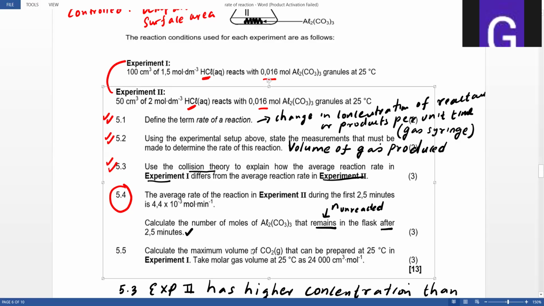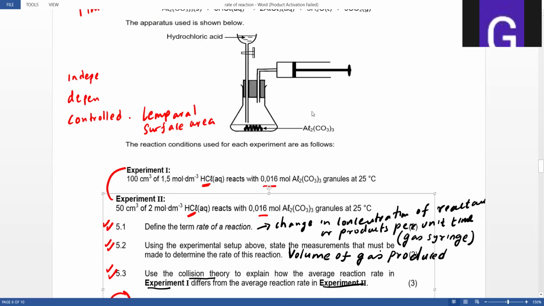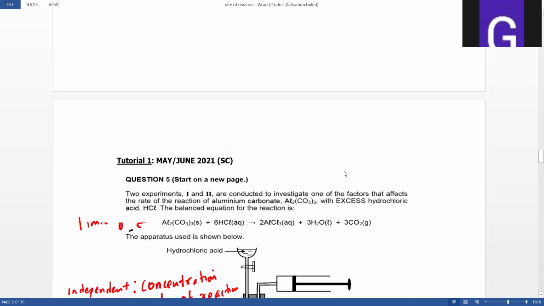What do we want here? We want the maximum volume of the gas produced in experiment 1. Okay, let's do the working.